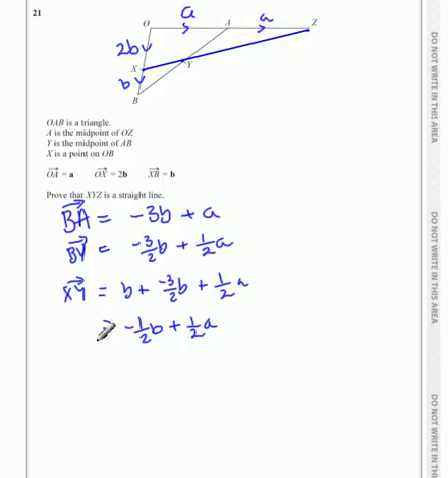So using that, we can work out from y to z, writing this as the vectors, is going to be y to b plus b to o plus o to z.